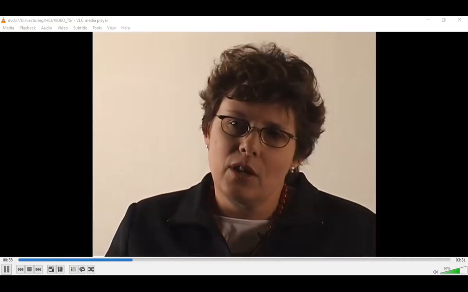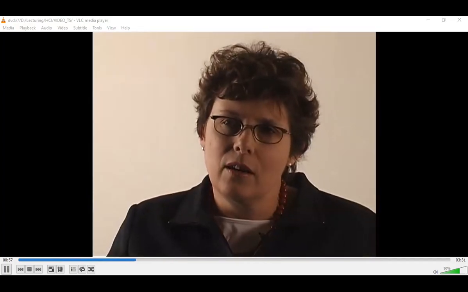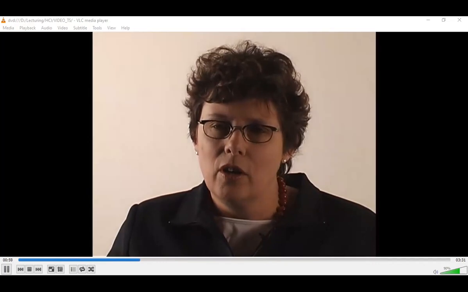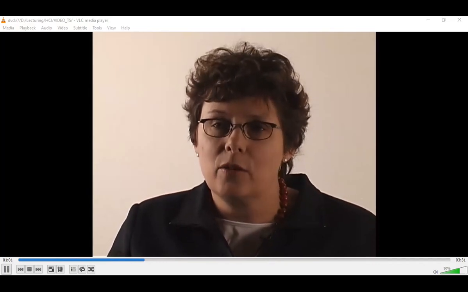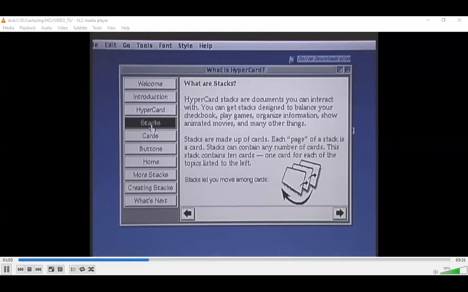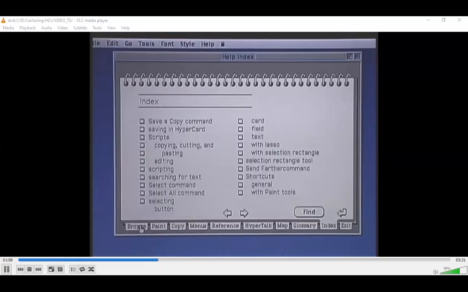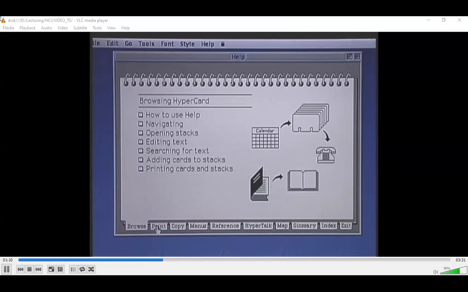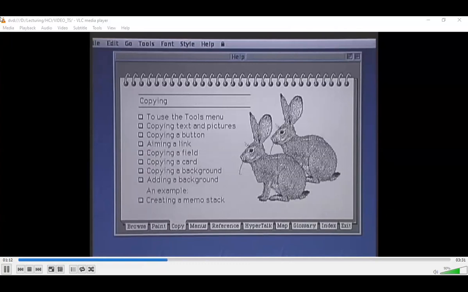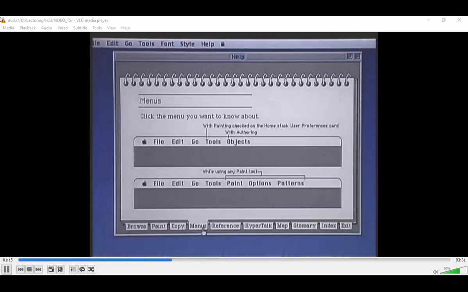One of the things I think we need is a clear mental model of what it is that we're interacting with. For instance, HyperCard, which was an early scripting system on the Apple, had a very clear mental model, which was of a stack of cards.